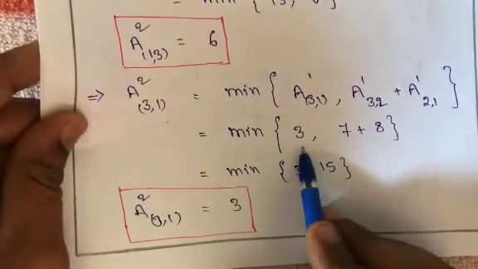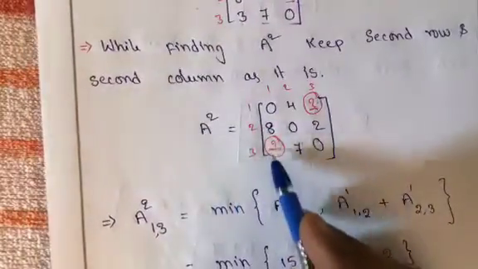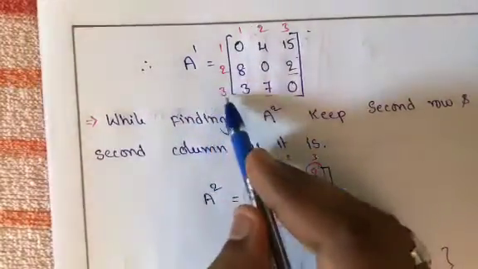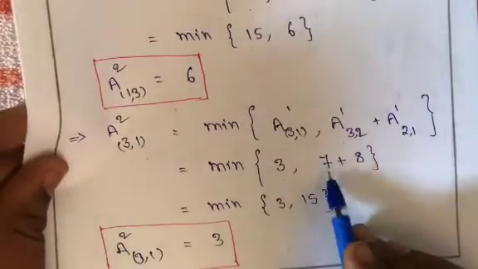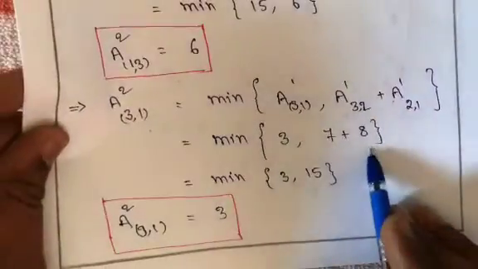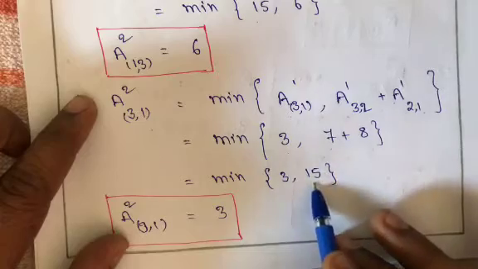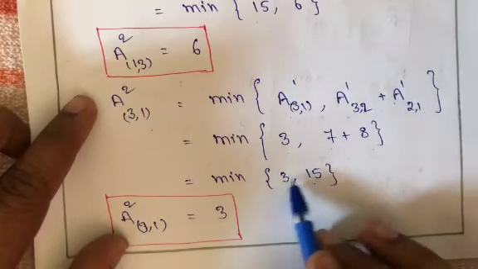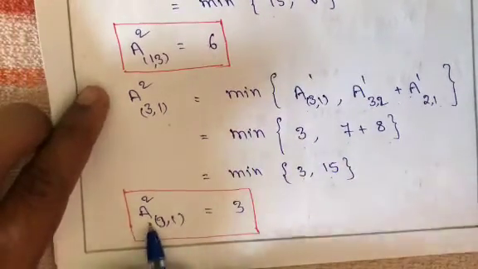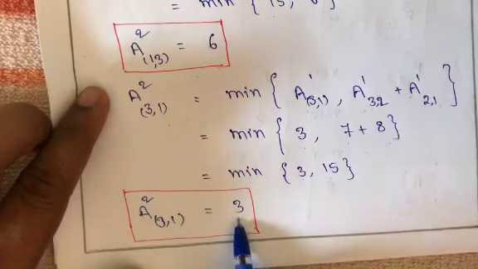A1 of 3 comma 2 is 7. A1 of 2 comma 1 is 8. So 7 plus 8 is 15, and the minimum value is 3. So A2 of 3 comma 1 is equal to 3.